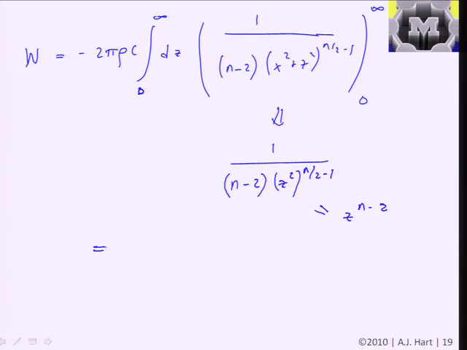So then this altogether equals 2 pi rho c, and we have a negative sign here, and the negative signs cancel, divided by n minus 2, because n doesn't depend on z, we can bring it out, times the integral from d to infinity of 1 over z to the n minus 2.